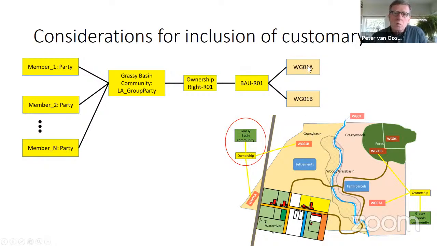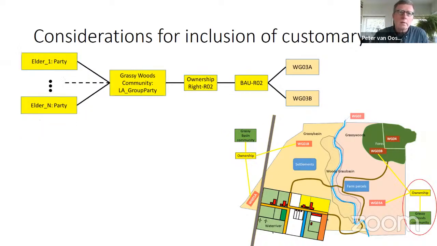It has two parts. It's not per se very well surveyed boundaries. These two parts, spatial units, are one administrative unit where there's this informal ownership right attached to this community, the Grassy Basin community, and with their members.